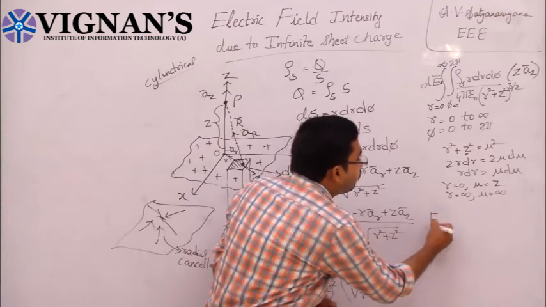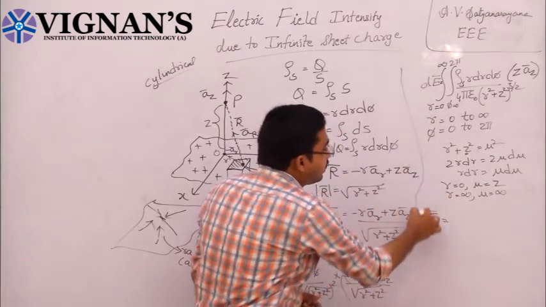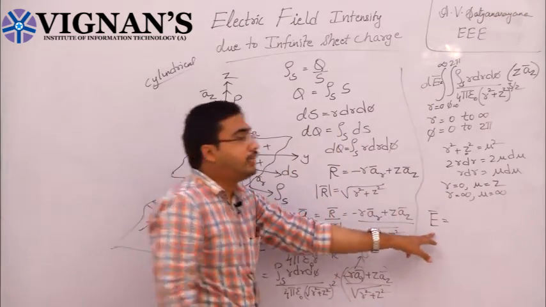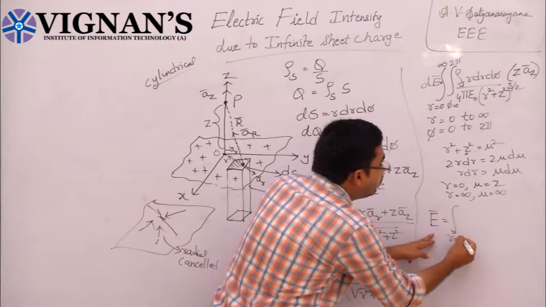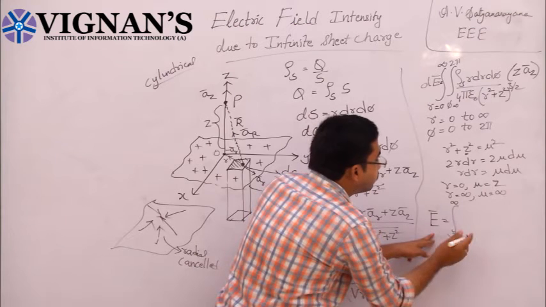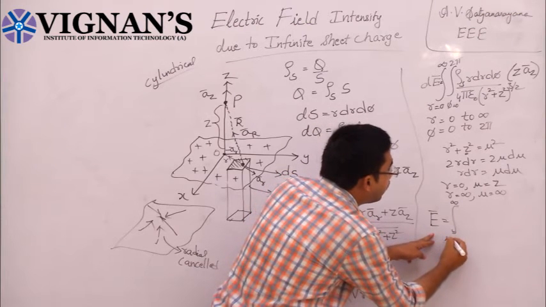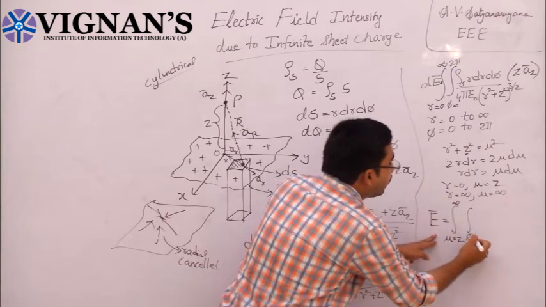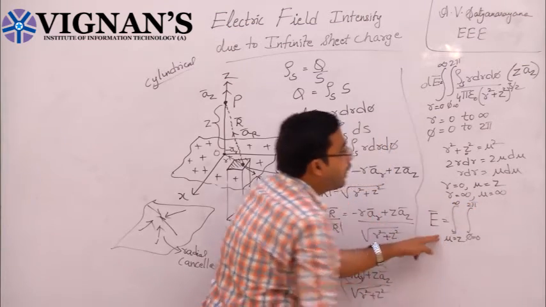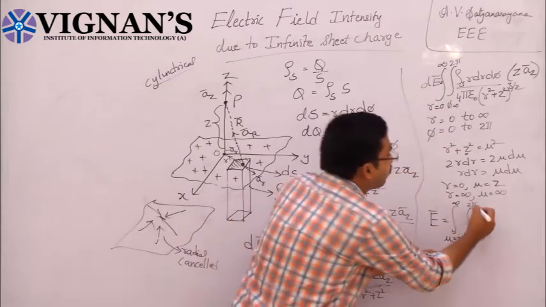Now your complete electric field intensity is equal to the integral, not r, but u running from z to infinity, and phi running from 0 to 2 pi. Keep this expression rho s.